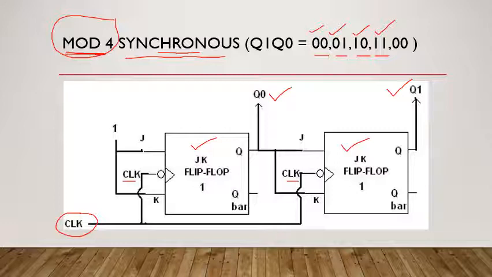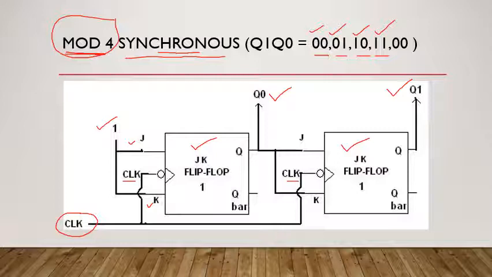Now let us understand other things associated with this counter. In the first flip-flop, you can observe that the J and K inputs are shorted together, and a bit 1 is provided at the input side. So when we short J and K and provide 1, you know what happens.